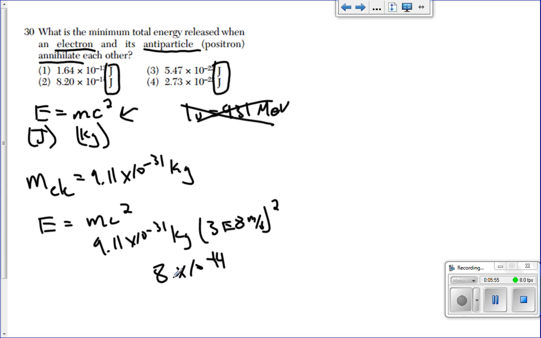So you have this energy first for the electron with this mass, and then you have this again for the antiparticle electron that has the same mass. So two particles. Take this, multiply it by 2. Your final answer is about 1.6 times 10 to the negative 13th joules, corresponding very nicely with answer choice number 1.